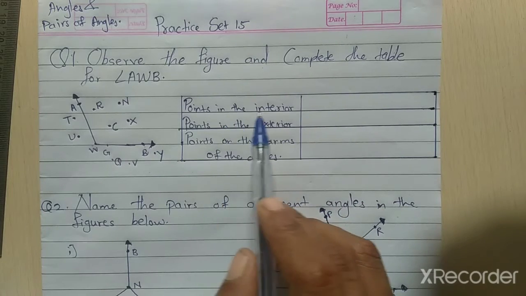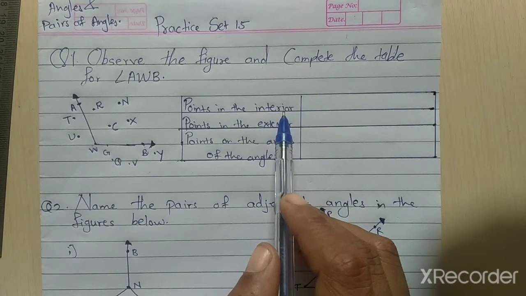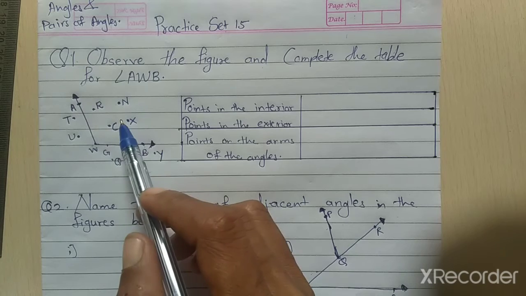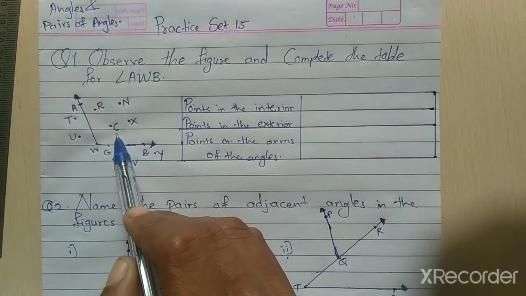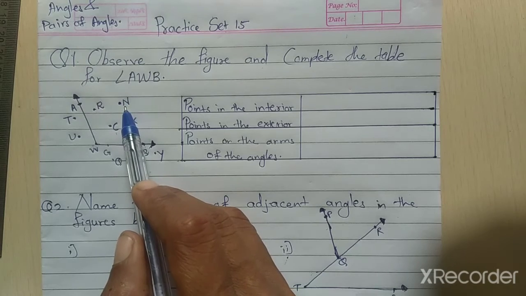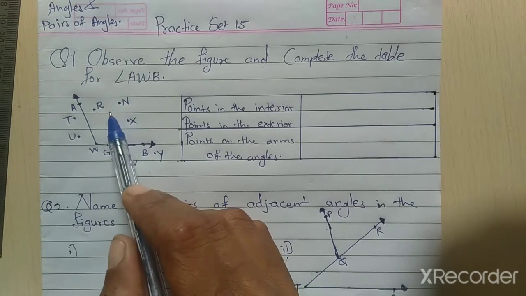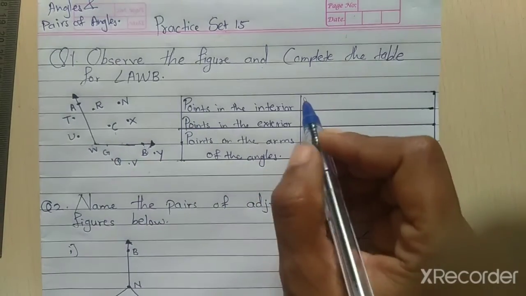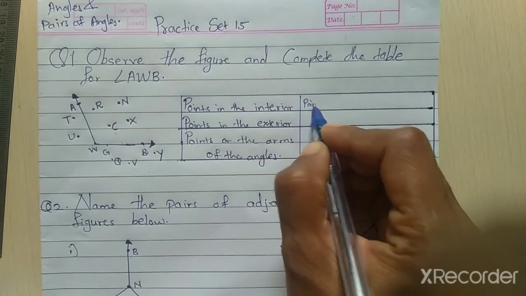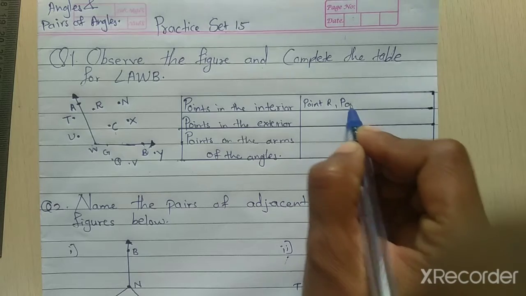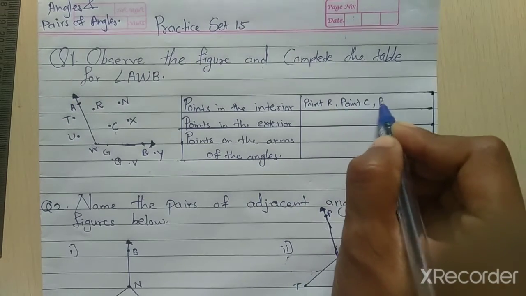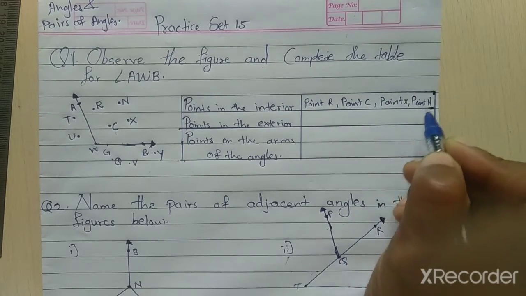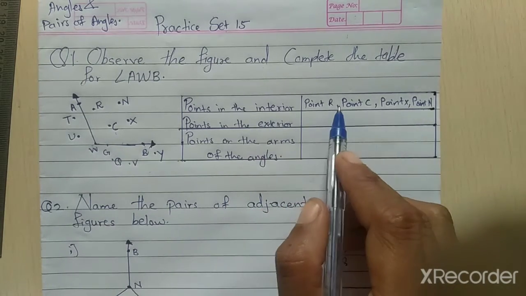Now, points in the interior. Interior points means the points that are inside the angle, in the inside part of the angle. So now point R, point C, point X and point N, these are interior, the points on the inside of the angle. So we have to write point R, point C, point X and point N. This is our interior points.